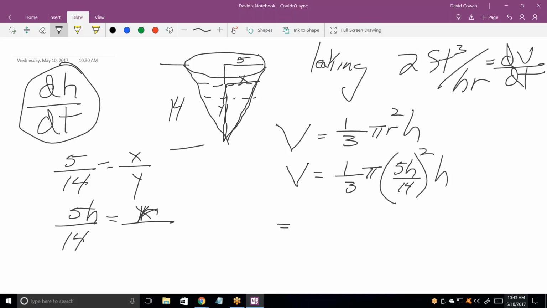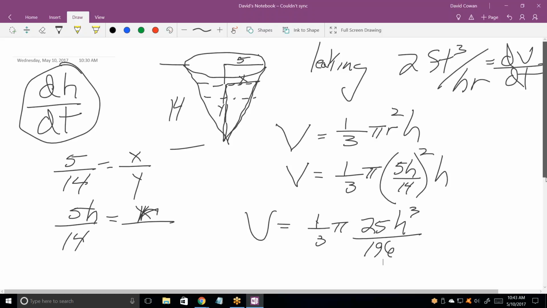So we got V equals 1/3 pi times 25h squared times h, so it's 25h cubed over 14 squared. 14 squared is 196. So that's my volume as a function of h, always.